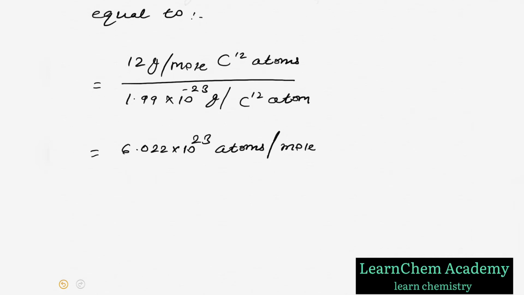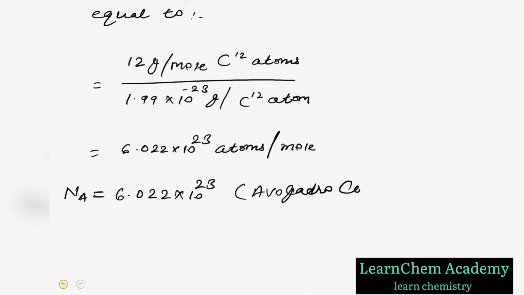So that number is called the Avogadro constant, denoted by Na. So the value of Na is 6.022 into 10 raised to power 23. Okay, so this is the Avogadro constant.